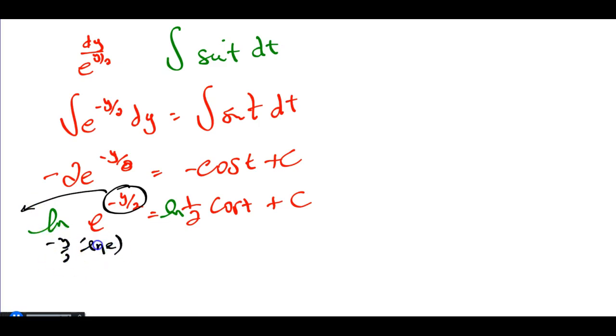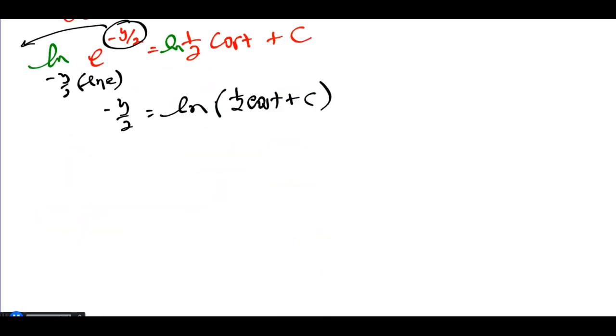So it's negative y over 2 times the natural log of e, which you know as just negative y over 2, is equal to the natural log of all of this. Using some log properties here, this is a good review of the whole year, actually, and then multiplying through by negative 2.